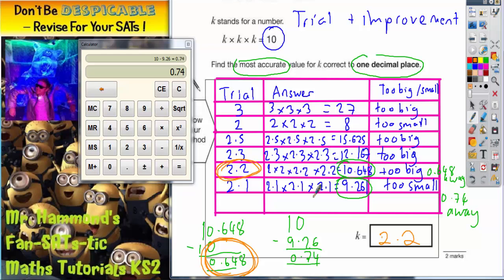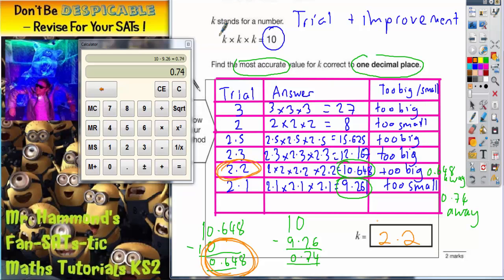Just to recap, we've narrowed it down to 2.2 and 2.1, and the answer for 2.2 is 0.64 away. The answer for 2.1 is 0.74 away. So closest to 10 is the answer that gets us to 10.64, and that's the one that comes from 2.2. So that's the value that we need.